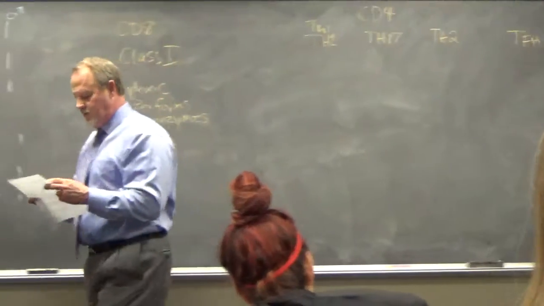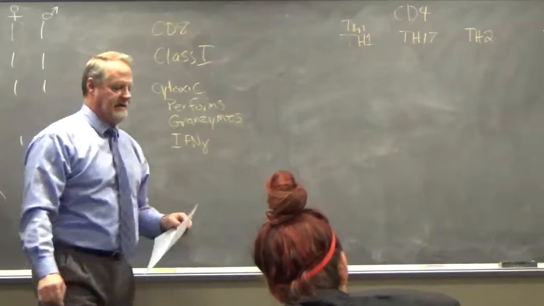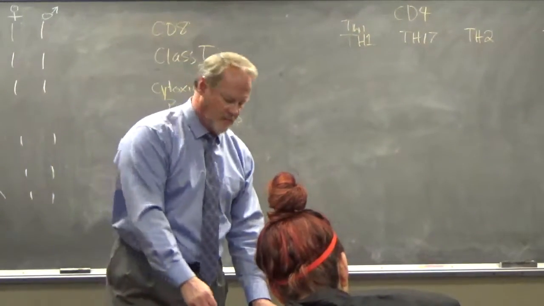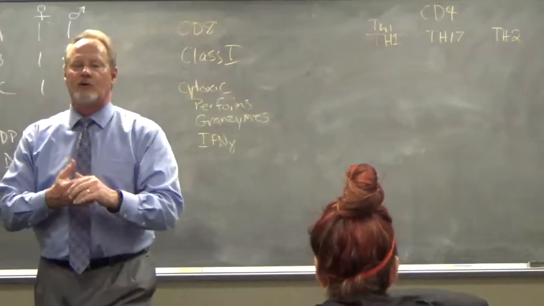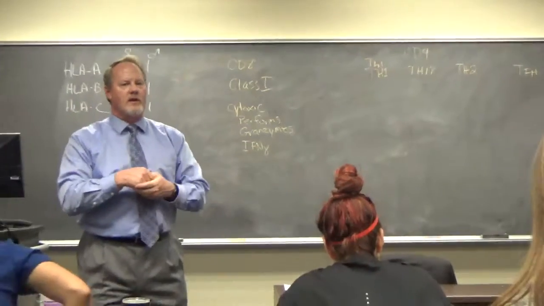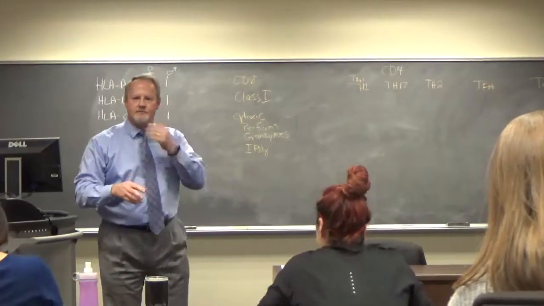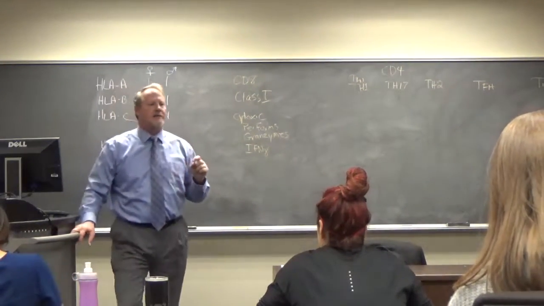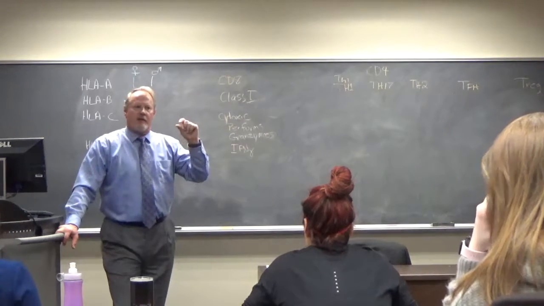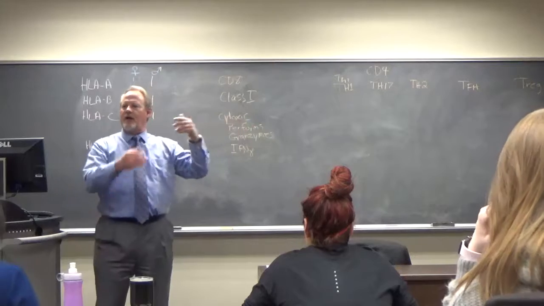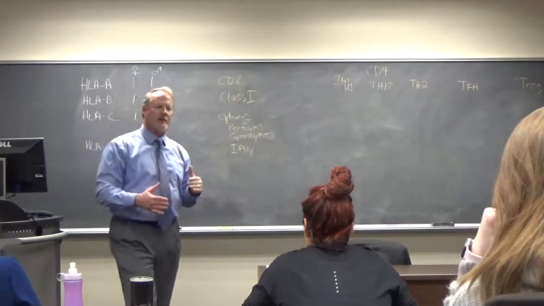So how do you end up getting a T helper 1 response? This is something we're going to talk about in more detail tomorrow, but when that dendritic cell is in the tissue and it's interacting with a pathogen, that pathogen has the PAMPs that are binding to certain PRRs. And I talked about this a little bit.